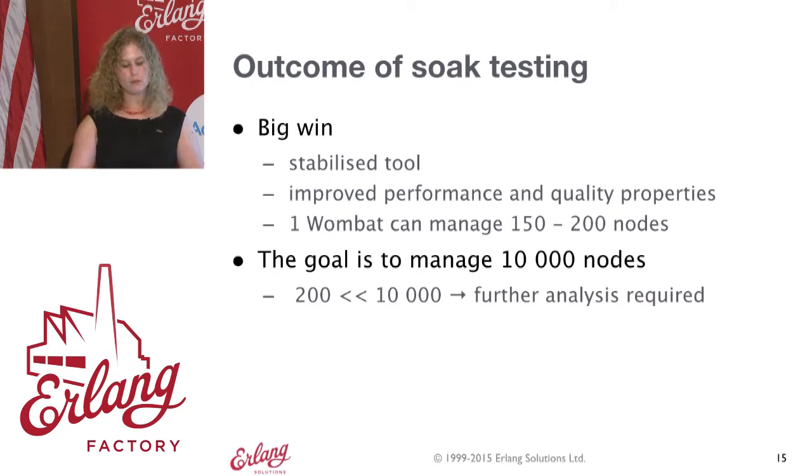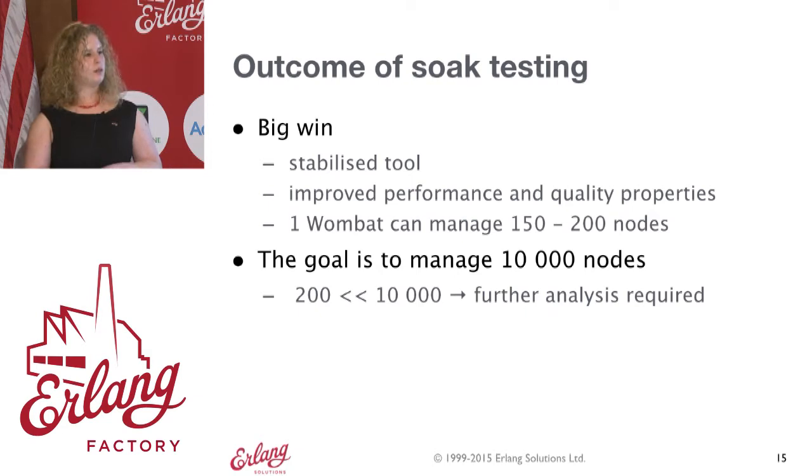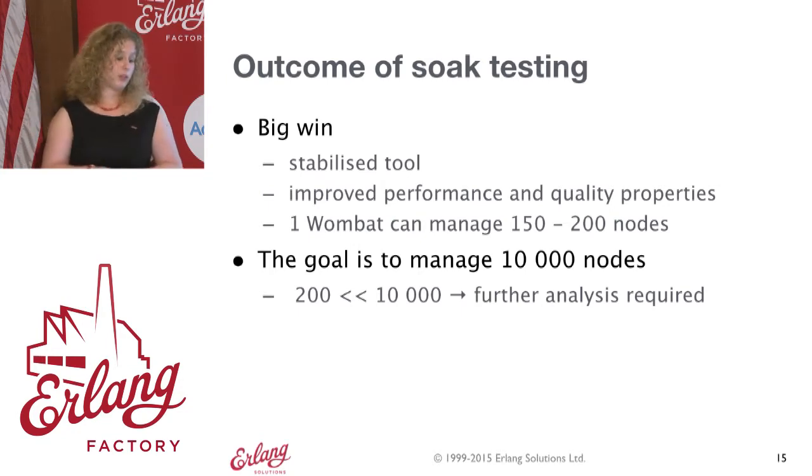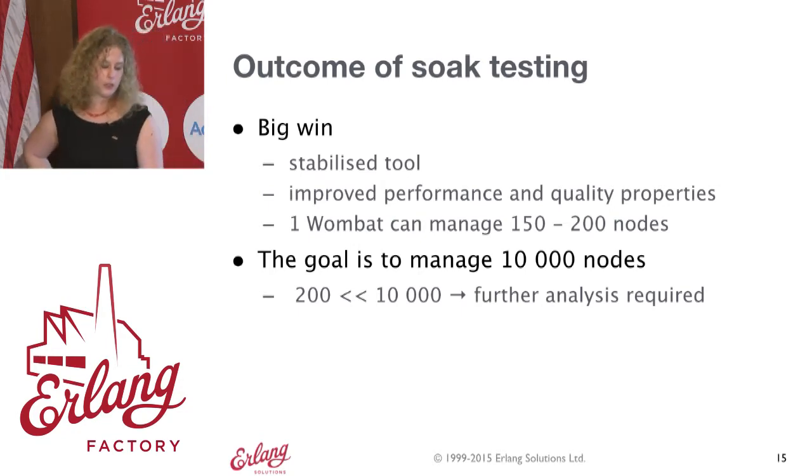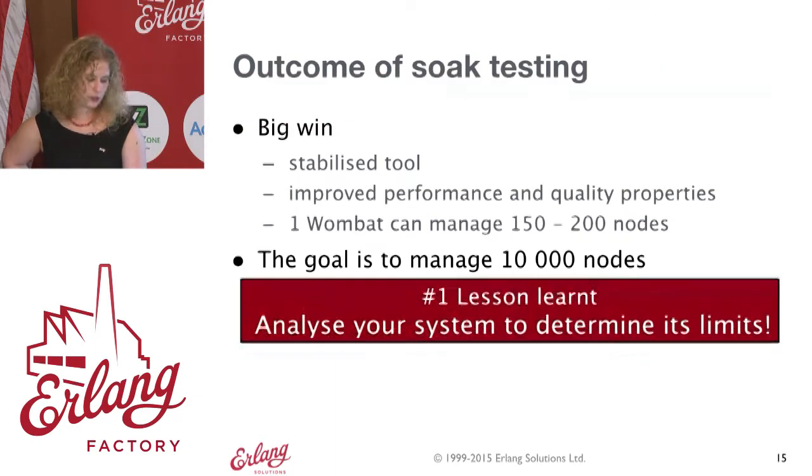But unfortunately, we were still very far from our goals. One Wombat can manage between 150 and 200 nodes reliably, but our goal was to manage 10,000 nodes. So further analysis was essential.